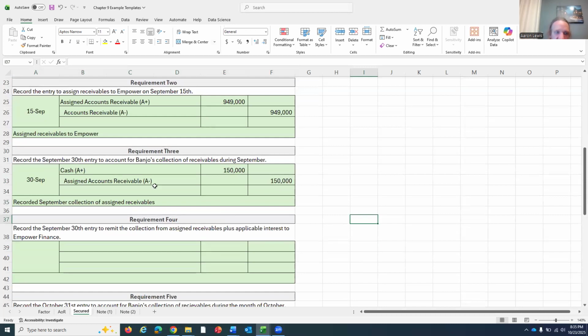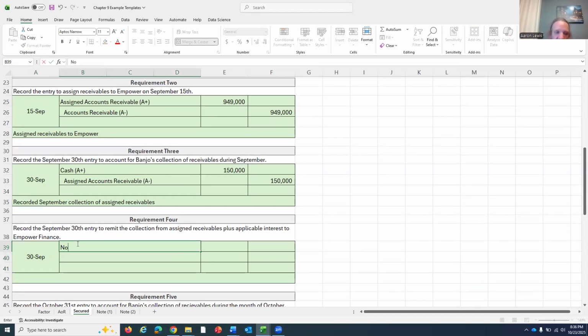And now that we have the cash from that, because of the terms that we came to with Empower, we have to remit that $150,000 in cash to our lender, to Empower Finance. But that's not all the cash we have to send them because we're also getting hit with an interest charge. So this entry is going to have two debits. It's the end of September.